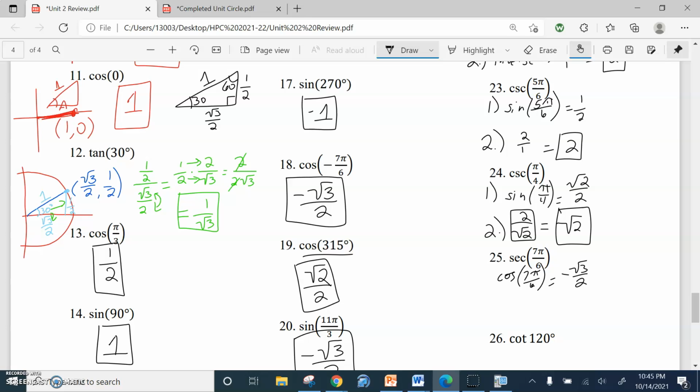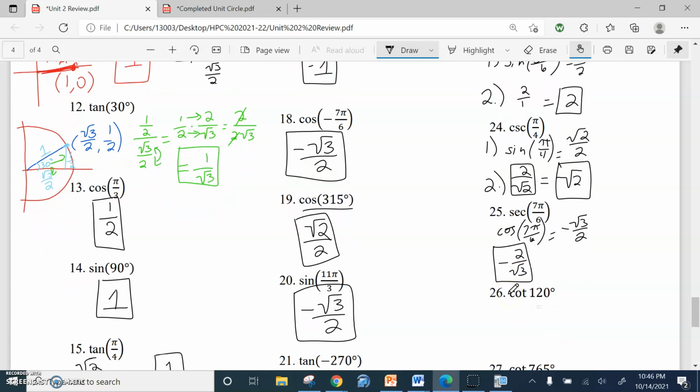So if cosine is negative square root of 3 over 2, then the secant is flipped, and we get negative, we still keep the negative if it's there, 2 over square root of 3. And you guys, that's it. You can box that in. There's no rationalizing that. There's nothing crazy with it. You just simply box that in.